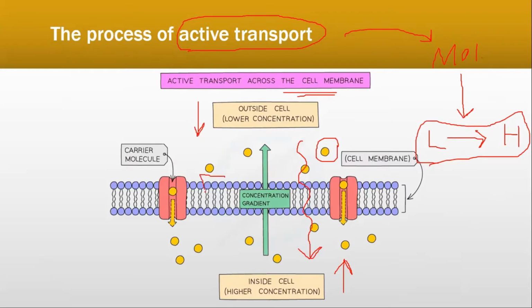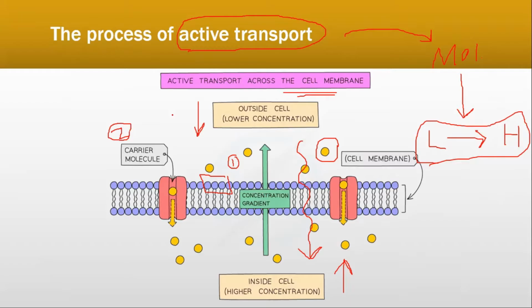One is through the membrane. This is the first way. And the second way is through the carrier molecules. So active transport, you have to remember, is different from diffusion and osmosis. Diffusion and osmosis go from higher to lower, whereas active transport is lower to higher and requires a stimulus in the form of ATP or energy.